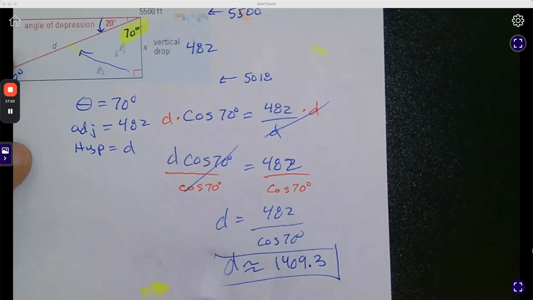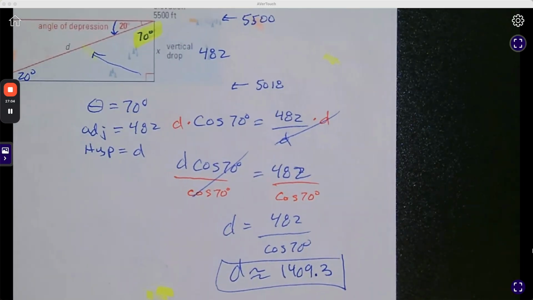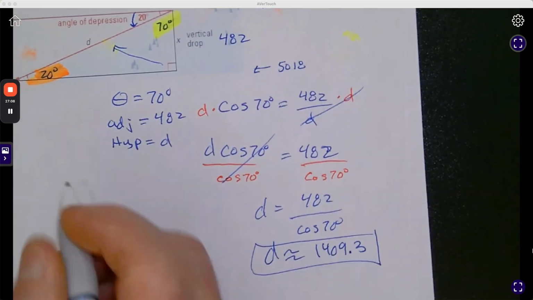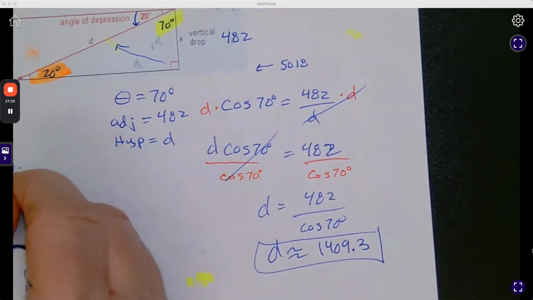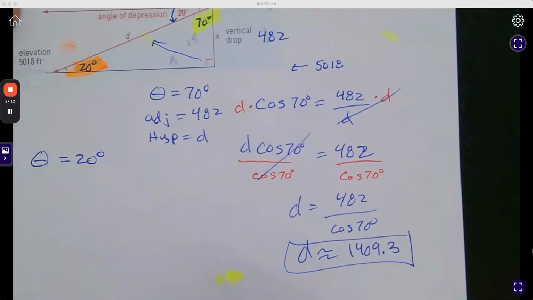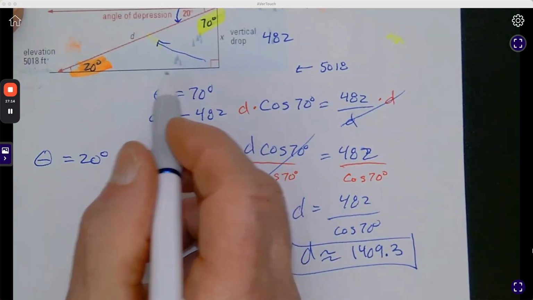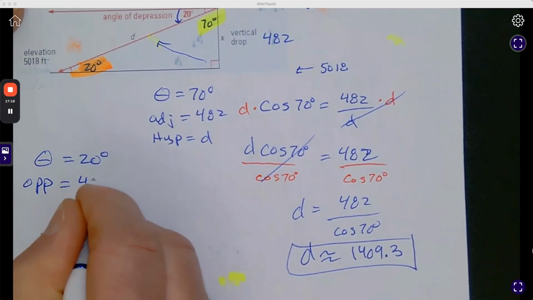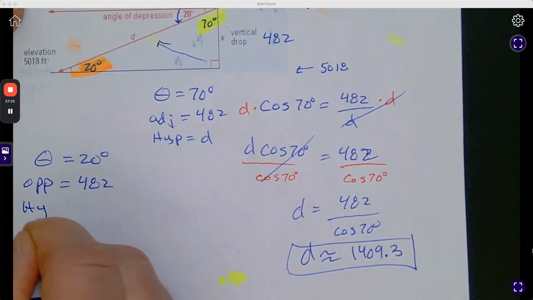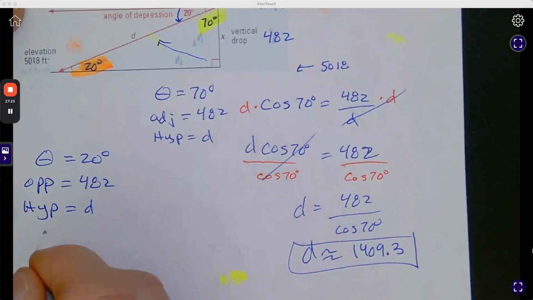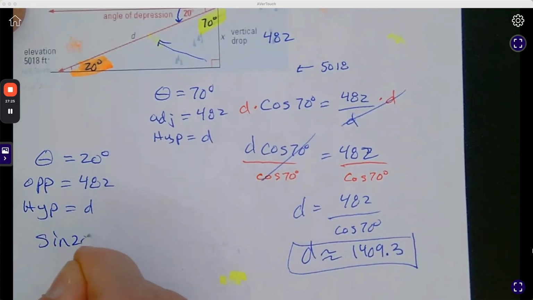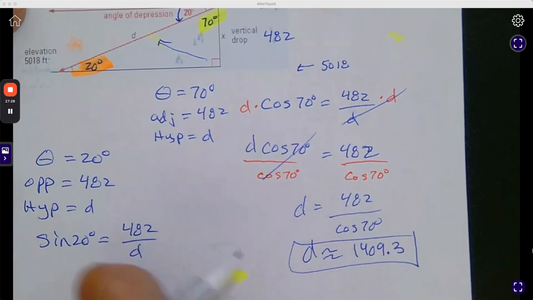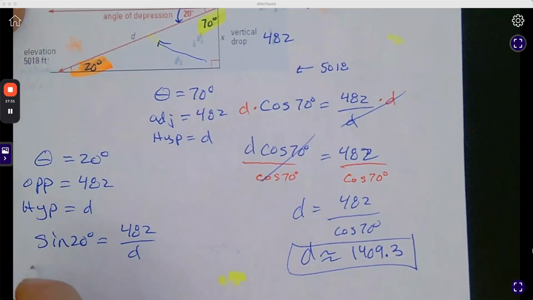Now, some of you are saying, what if you used 20? Well, let's look at that real quick. All right, so theta is 20. Opposite now is 482, and I'm still looking for the height. This is sine, opposite over hypotenuse. Multiply by D. So you get this.